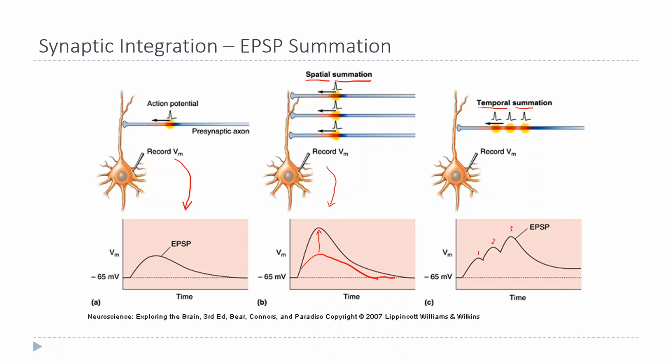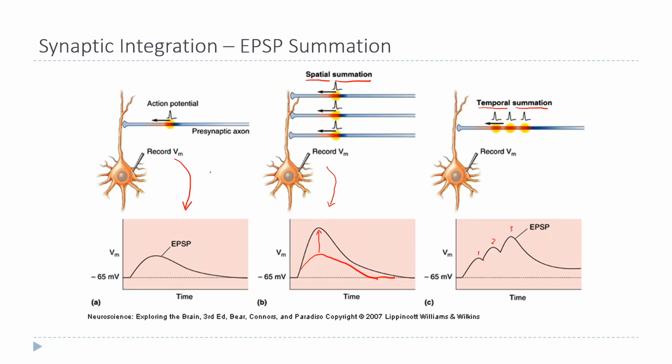And so in both cases, you have the combination of multiple action potentials all having different effects on the postsynaptic cell. And again, all of these are going to have the potential to create an action potential in the postsynaptic cell.